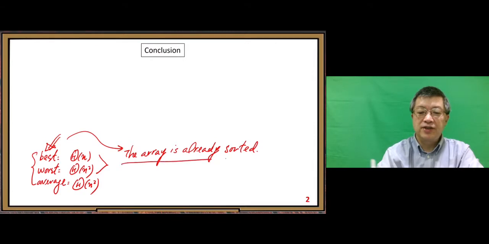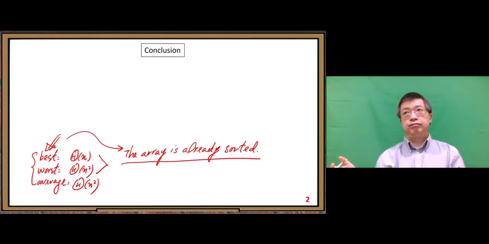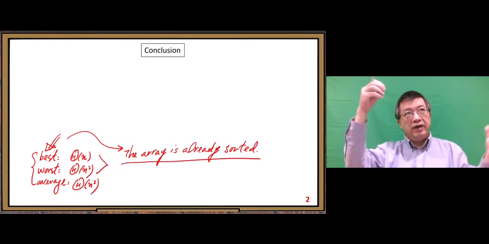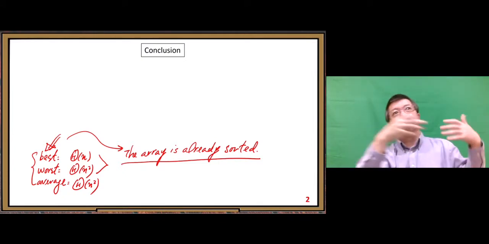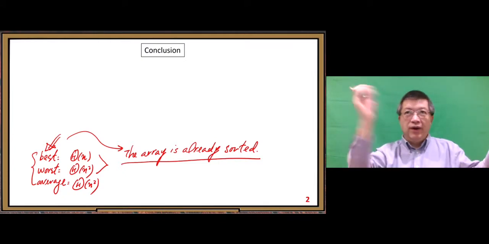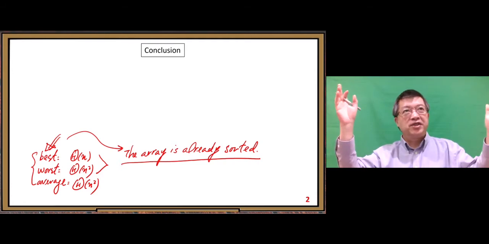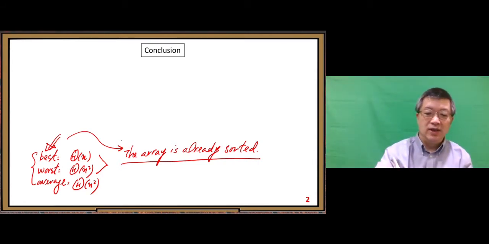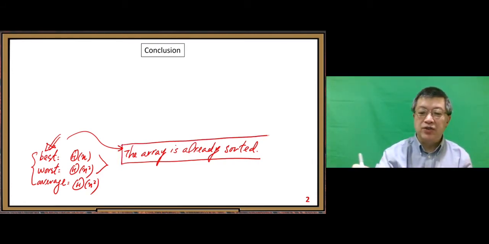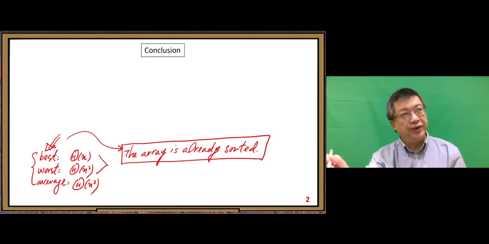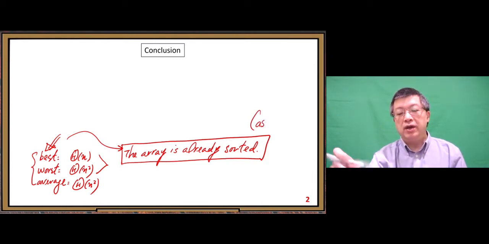Is this the best case? The array is already sorted, right? So every time when you do insertion, one comparison, sorted; one comparison, sorted. Best case. So the best case happens when the array is already sorted. Here we mean ascending order.